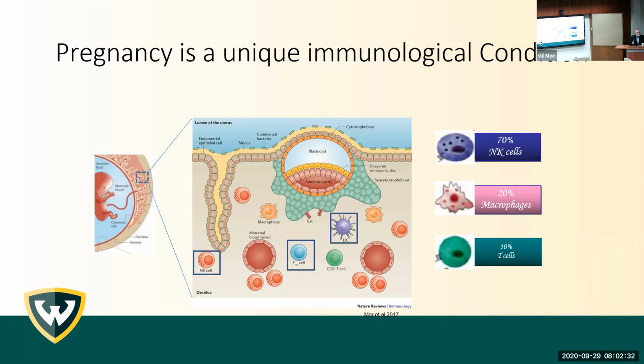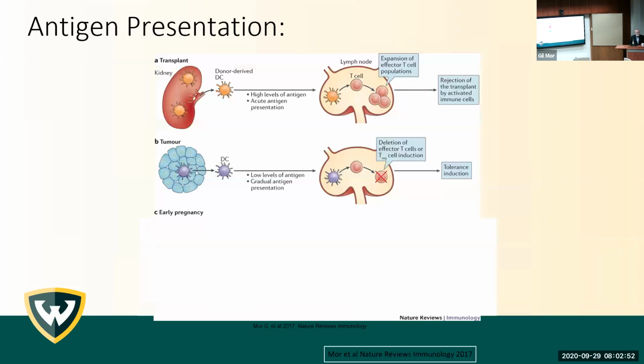All of them, as we mentioned in the different lectures, are unique because once they reach the implantation site, they acquire a unique phenotype that is present only in the uterus and only during the pregnancy.